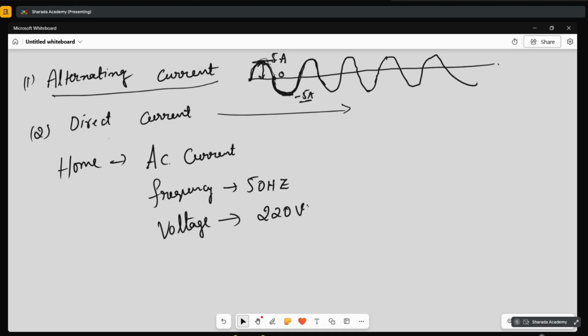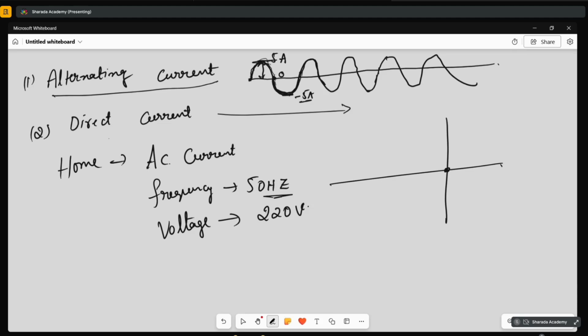So what do you mean by frequency? Frequency is measured in hertz. Frequency SI unit is hertz. And what is that frequency?